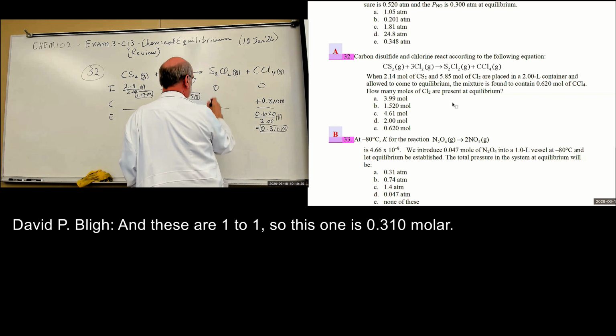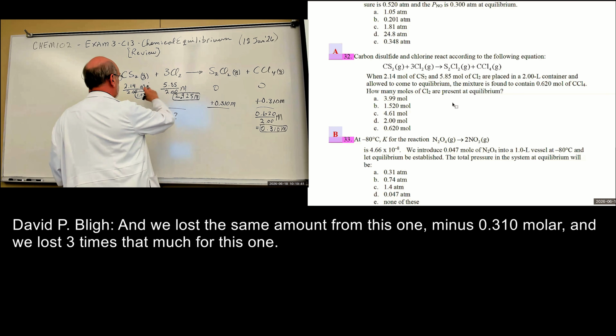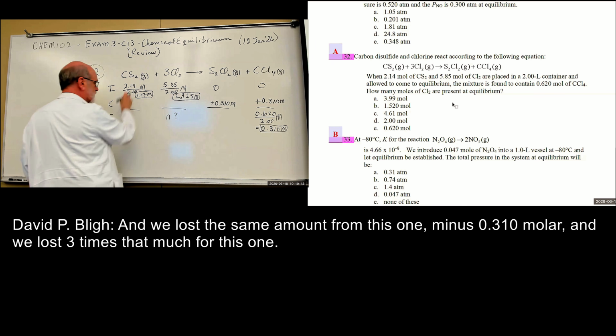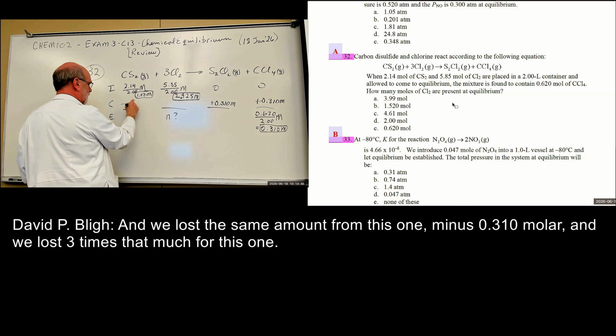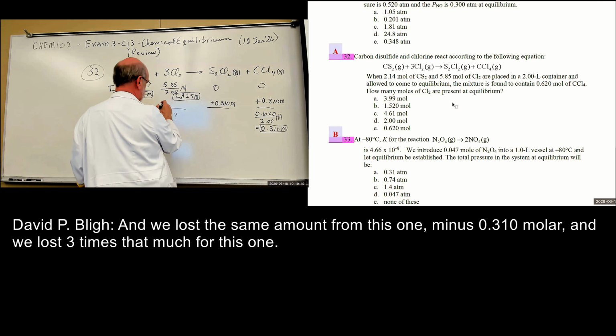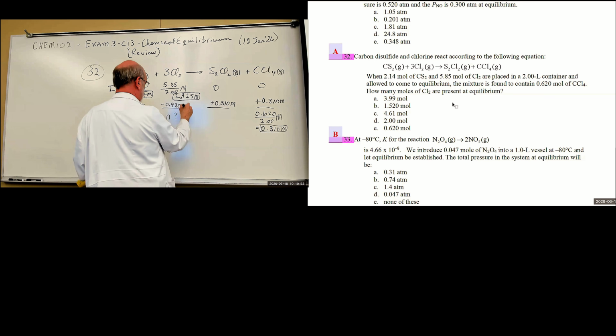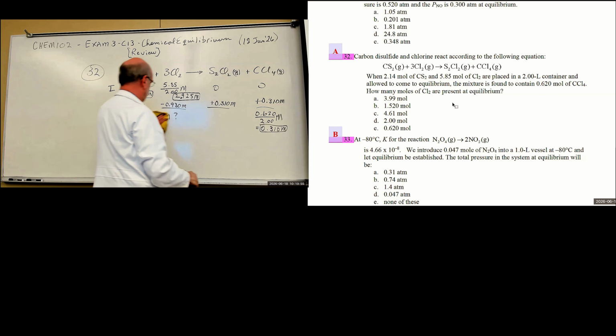And these are 1 to 1. So this one is 0.310 molar. And we lost the same amount from this one, minus 0.310 molar. And we lost 3 times that much for this one. So it's 0.930 molar.